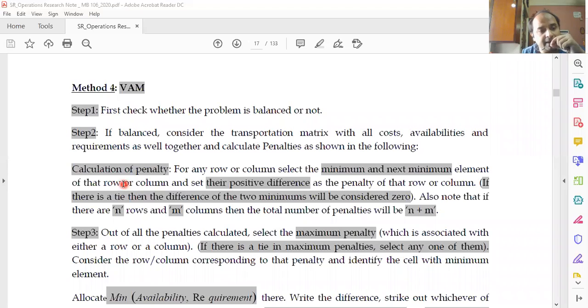How to calculate the penalties? It is the next step. For any row or column, select the minimum and next minimum element of that row or column and set their positive difference as the penalty of that row or column.